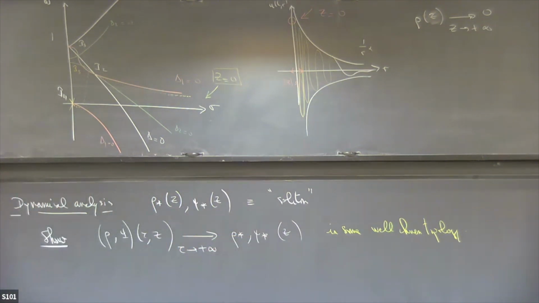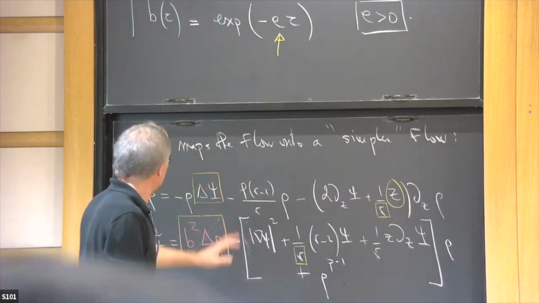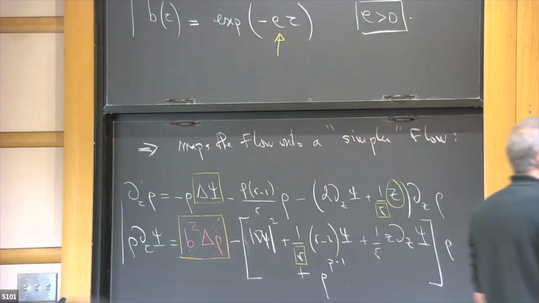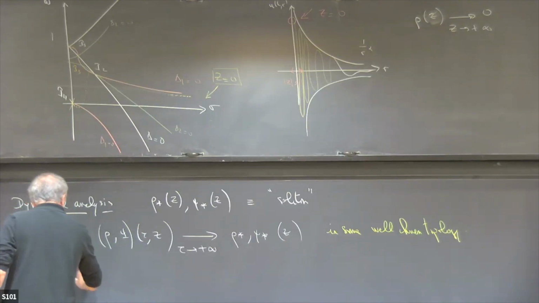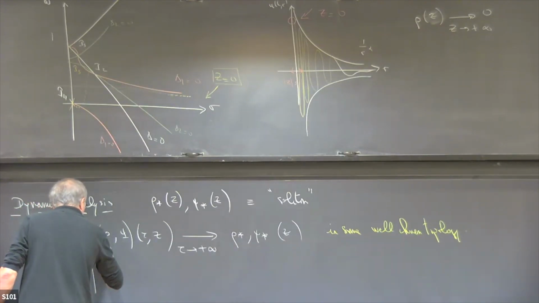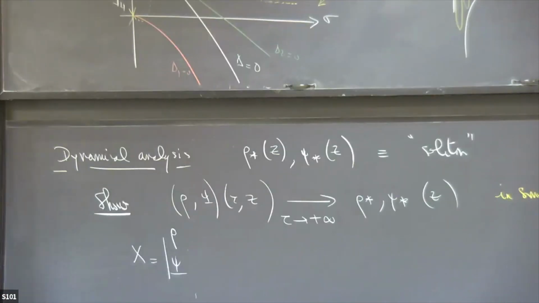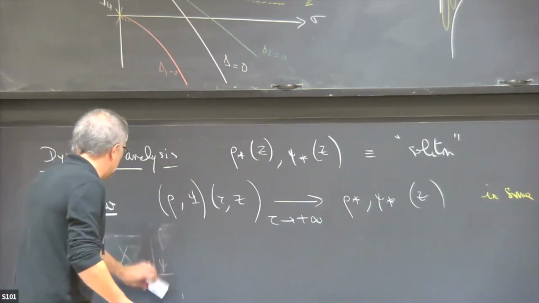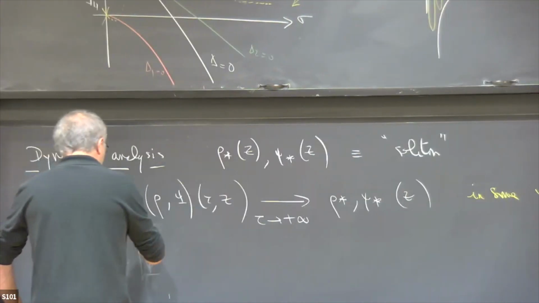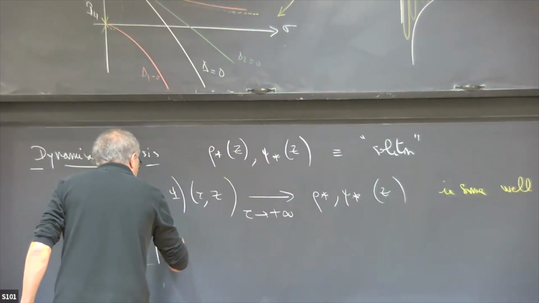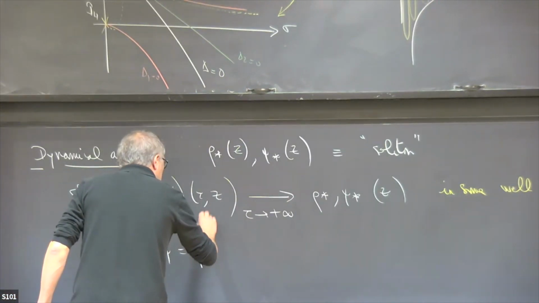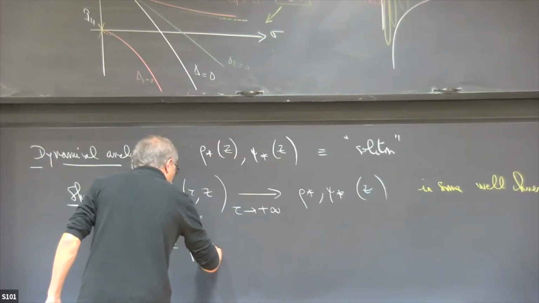Okay, so it's very clear what you have to do. You have to linearize, and it's a system. So if you call x equals rho psi, okay. So maybe you would do it like this. You will do rho psi equals rho star psi star plus correction.